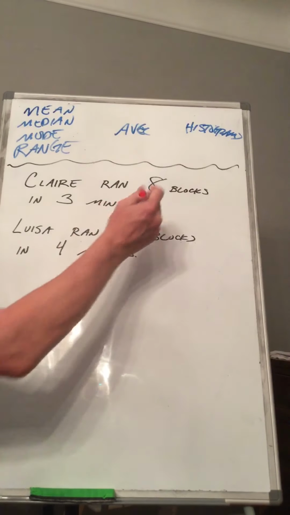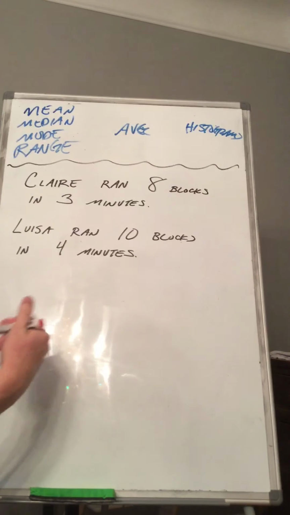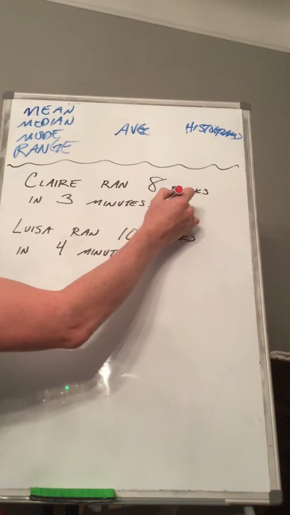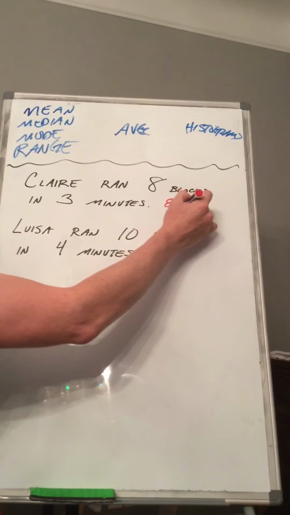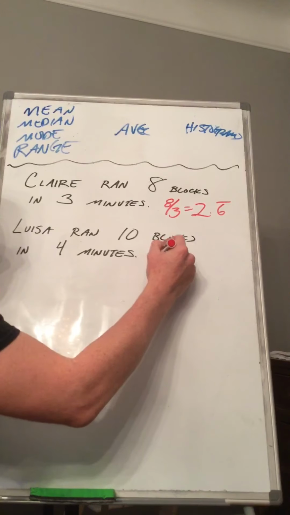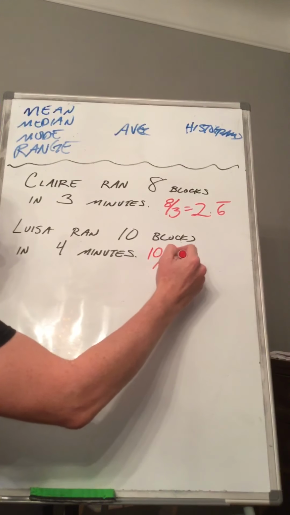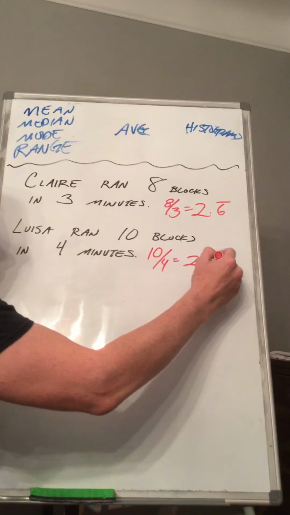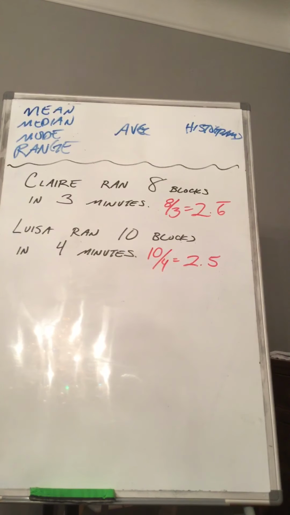So if Claire can run 8 blocks in 3 minutes, her average is 2 2/3 blocks per minute, okay? While Louisa would be 10 divided by 4, which is 2.5 blocks per minute, per game, per minute, miles per hour, whatever it may be, okay?